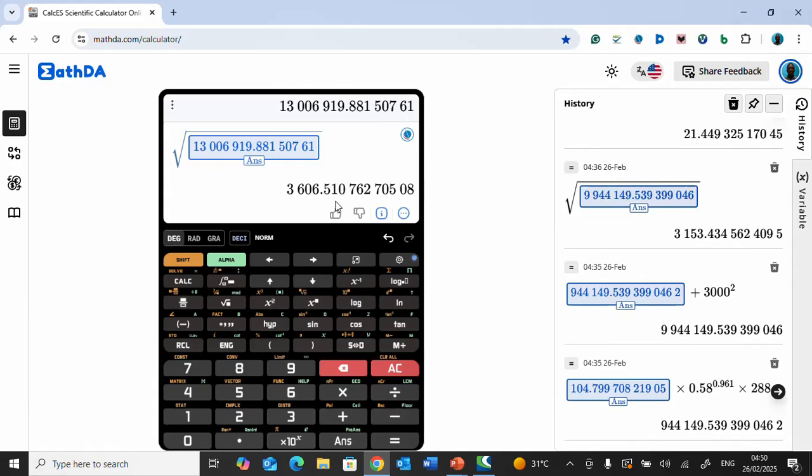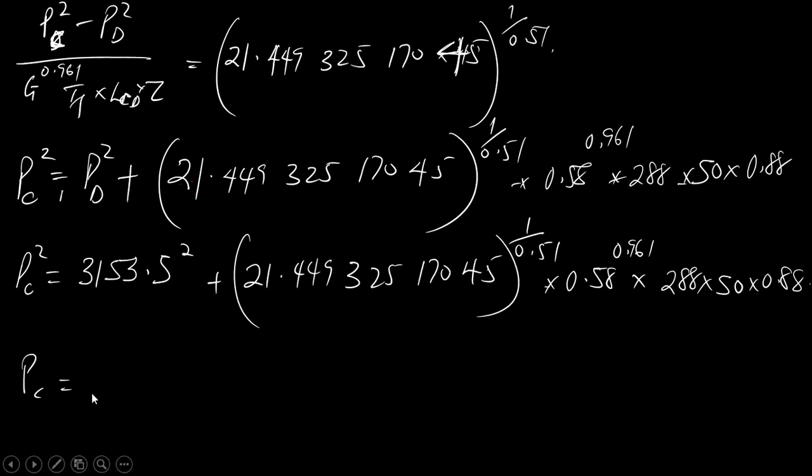So we have 3606.51 kilopascal as our pressure at C. So this is the pressure at C, 3606.51 kilopascal.